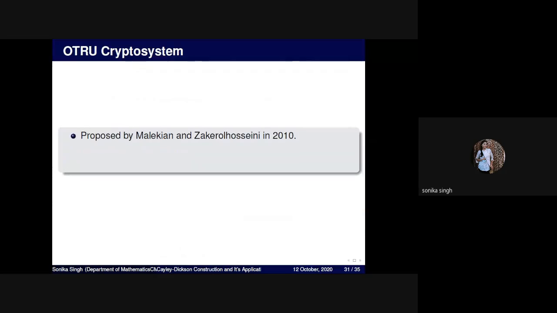The next one is the OTRU crypto system. It was proposed by Malikian and Zakir Hosseini in 2010. It is based on octonion algebra, and in this crypto system, there are 8 vectors which can be encrypted in each encryption round.